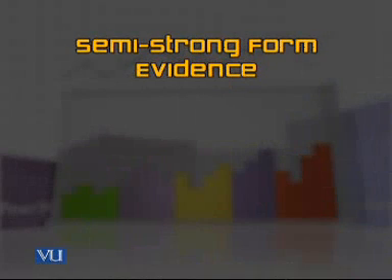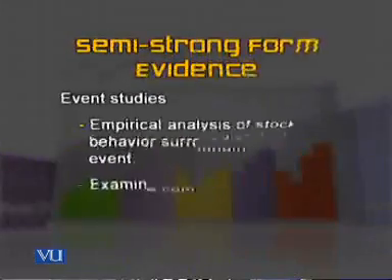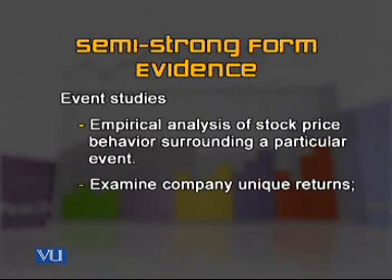So we must understand the evidence available in the semi-strong form, the evidence in event studies. I'm referring to empirical analysis of stock price behavior surrounding a particular event. Whatever may have happened in the company, as in excessive earnings, excessive expenditures, we can examine companies' unique returns sometimes.